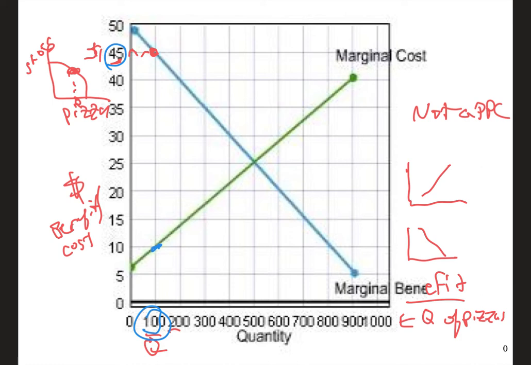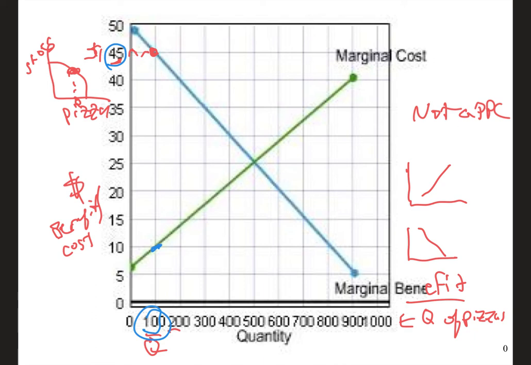More resources could be dedicated to making pizza, which is what people really want. They have a lot of marginal benefit for that. At a certain point, as we get to 500, marginal benefit equals marginal cost. Anywhere less than 500, the society's under allocating their resources. They should produce more, up until the point where marginal benefit is equal to marginal cost.